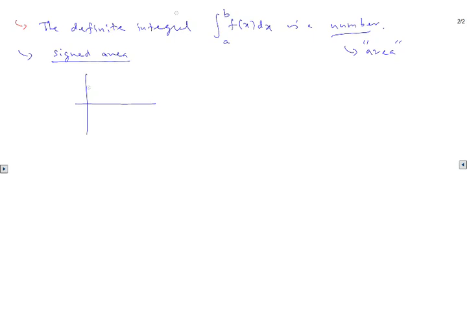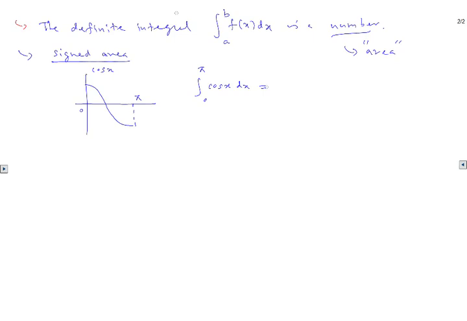If you look at the cosine graph from 0 to pi, this is what you get. Now let's say you integrate cosine x dx from 0 to pi. What do you think you get?